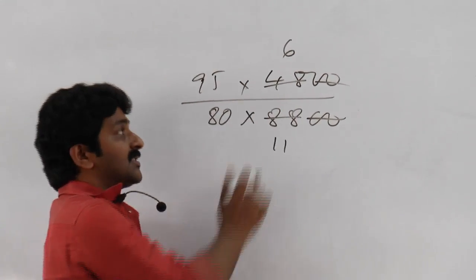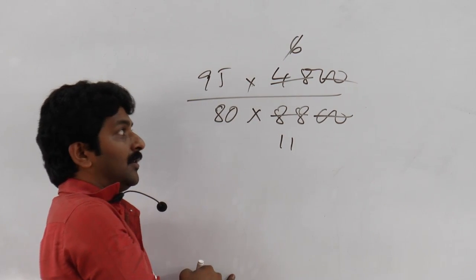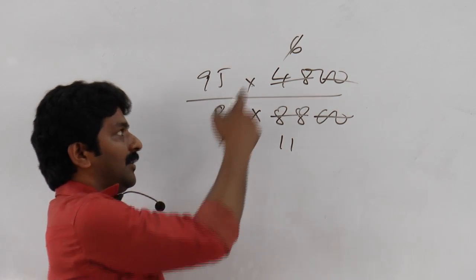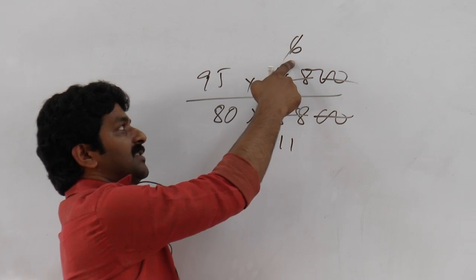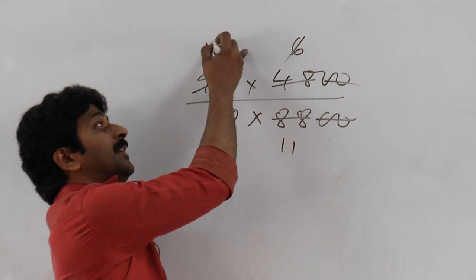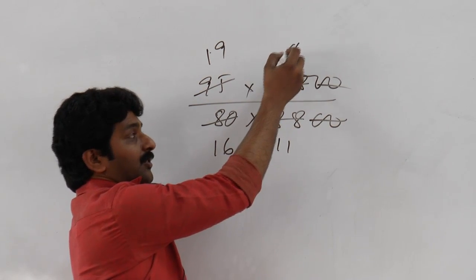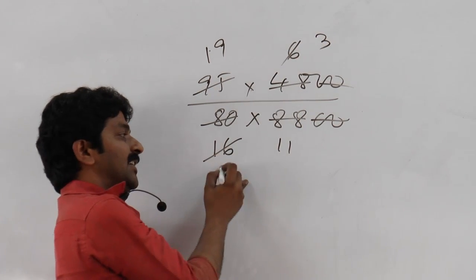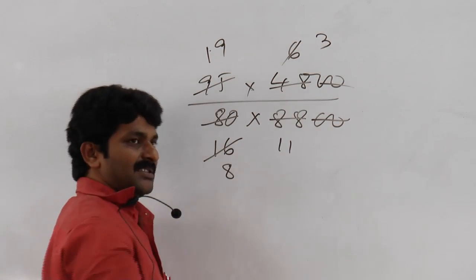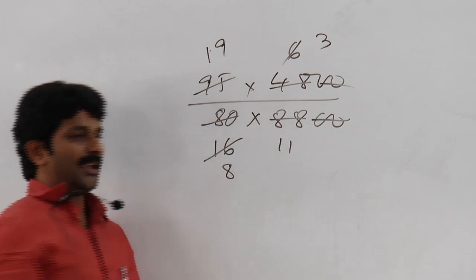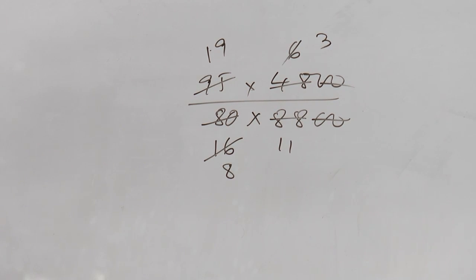Any more cancellations? With 5, this becomes 19 times and it becomes 16 times. Cancellation with 2, this is 3 times and this is 8 times. 19 threes, 57 by 88. 57 by 88.